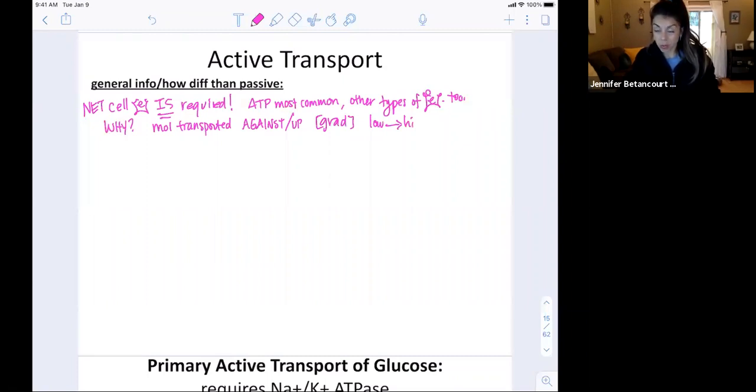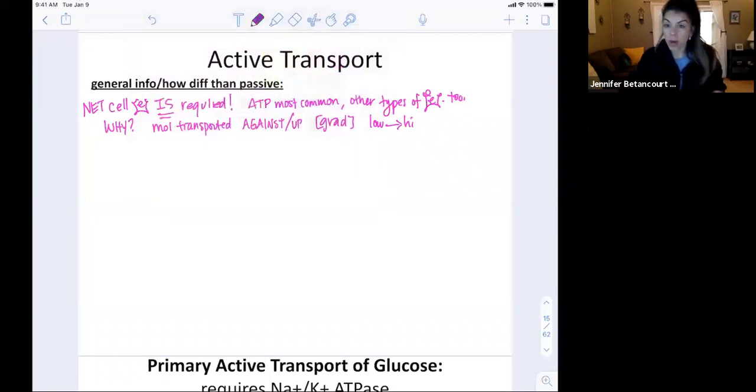Like, why the heck does it want to do that? Well, the cell has a lot of reasons for doing that. It's usually so that organs can function. So let's get into some more details. That's the entire mechanism, the biggest difference between passive and active transport.